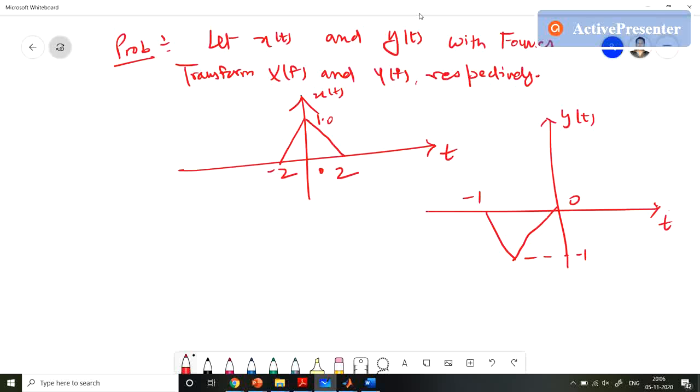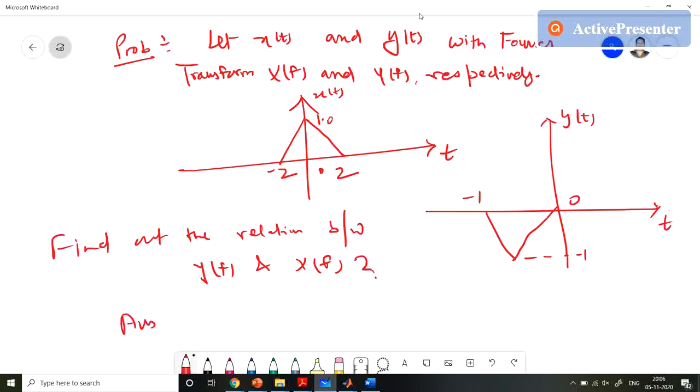What we are going to find out is the relation between Y(f) and X(f). We need to find out the relation between Y(f) and X(f).